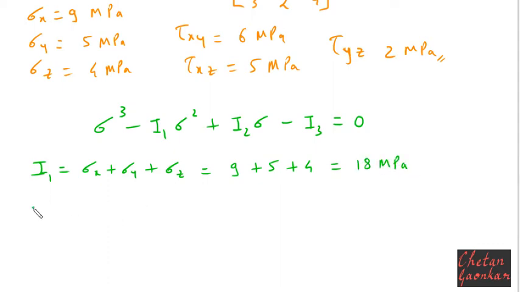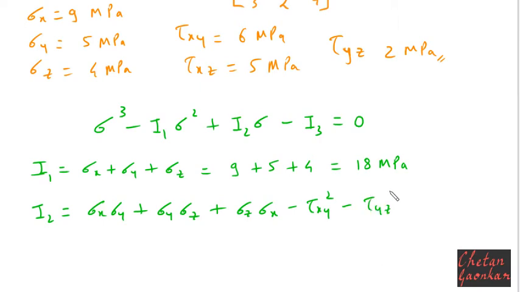Similarly, I can find I2 as sigma x sigma y plus sigma y sigma z plus sigma z sigma x minus tau xy square minus tau yz square minus tau zx square.